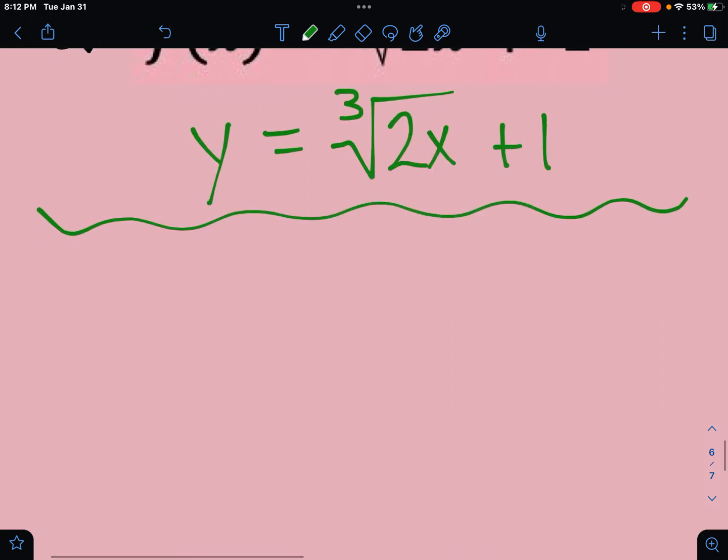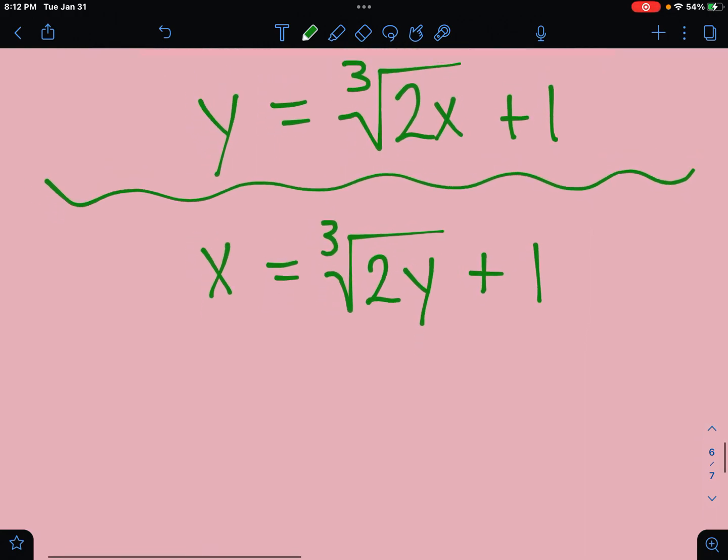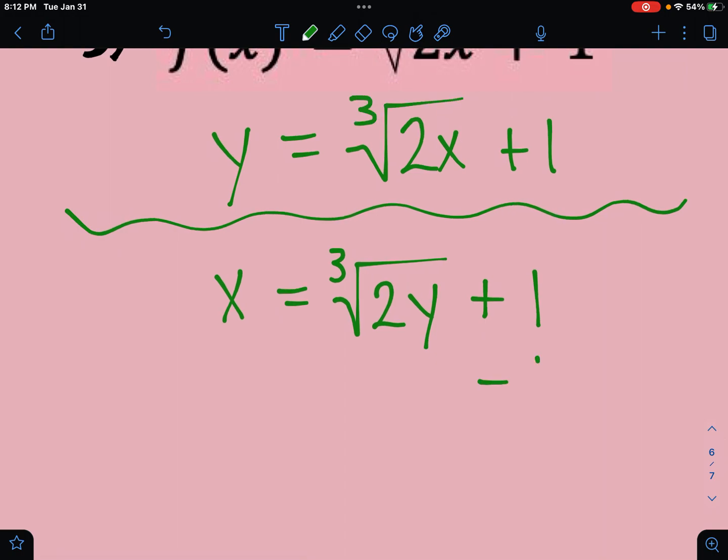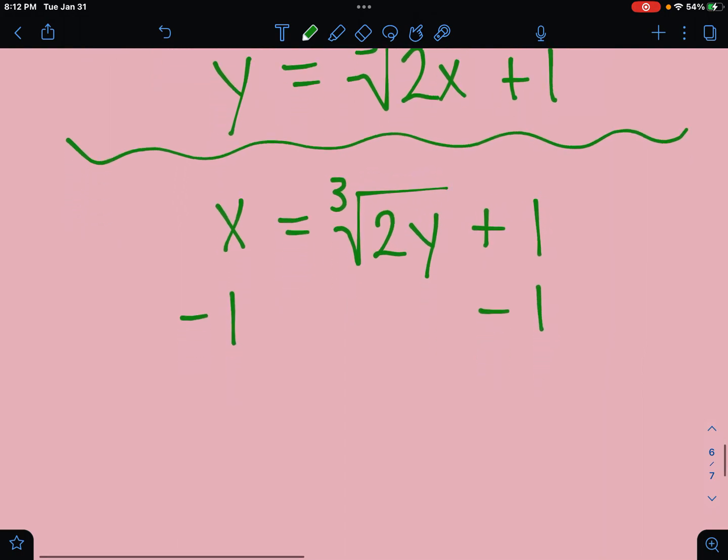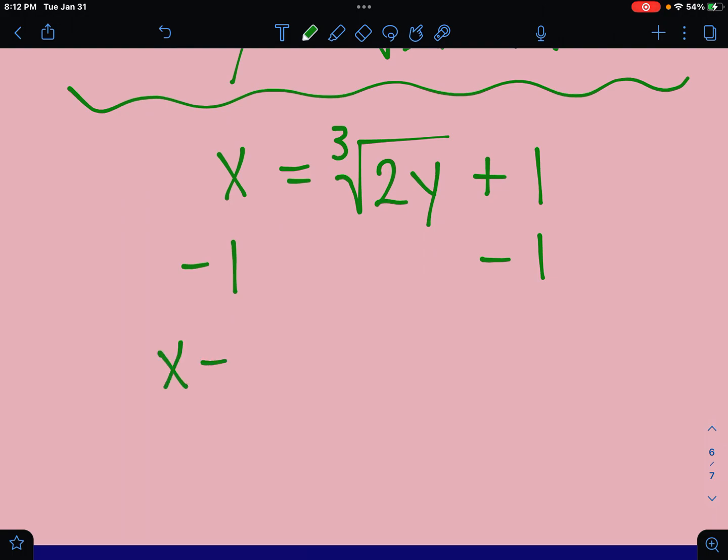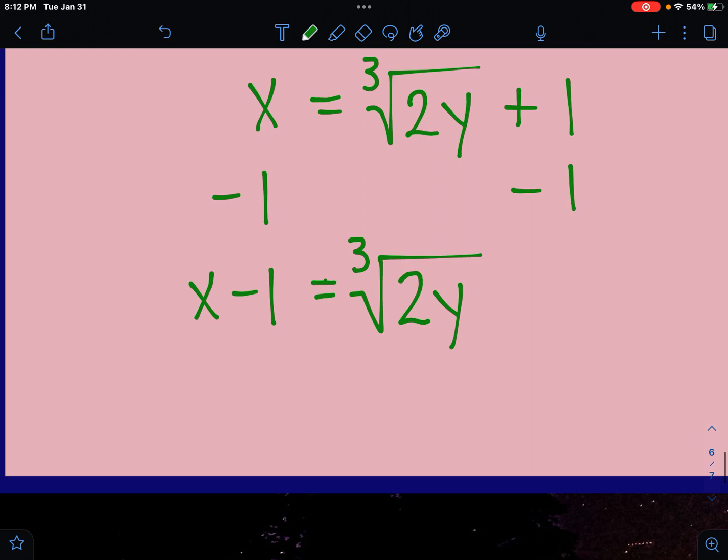Okay. I did that. Now I'm going to switch x and y. Now that the radical is isolated, I need to get rid of the radical, so I'm going to cube both sides.